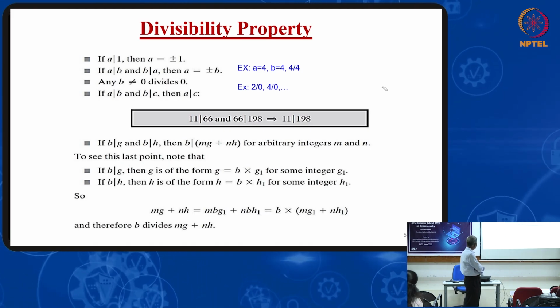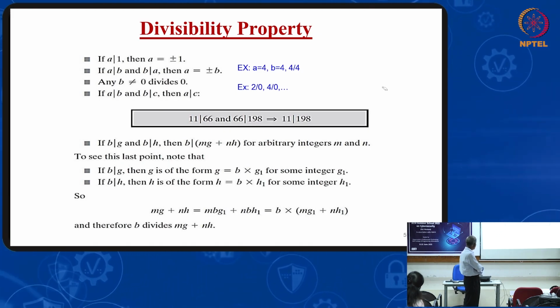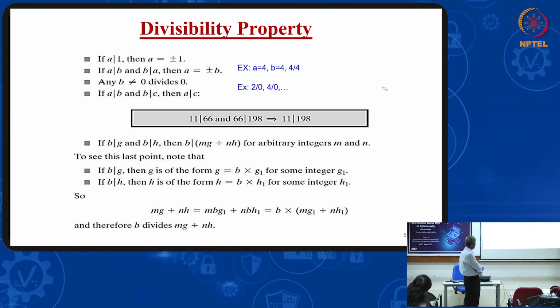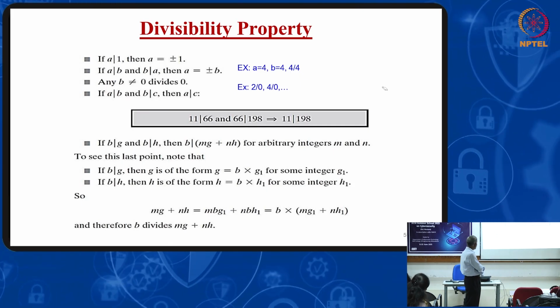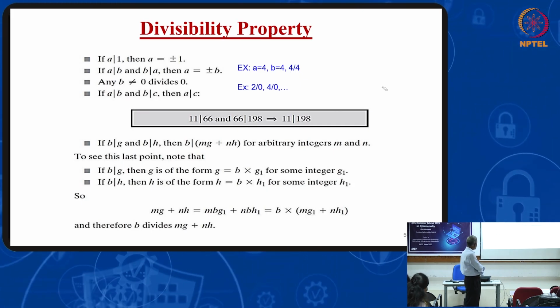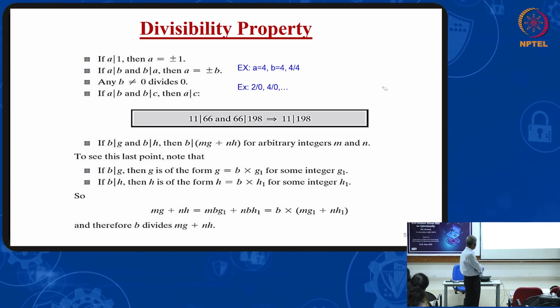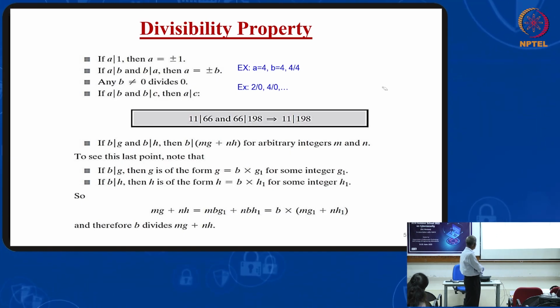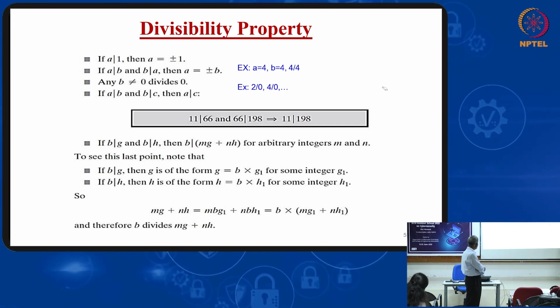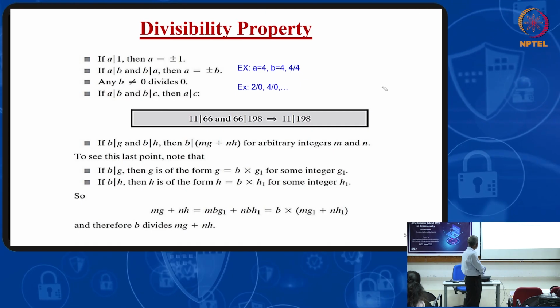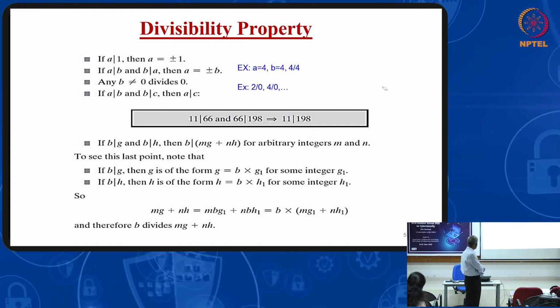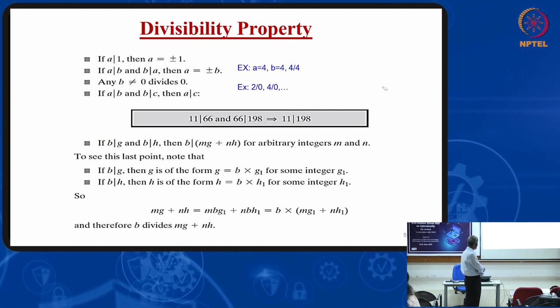So we can write mG plus nH, and we want to prove that B divides mG plus nH. mG means m into G, and G is BG1, so m BG1. Next nH is n into BH1.